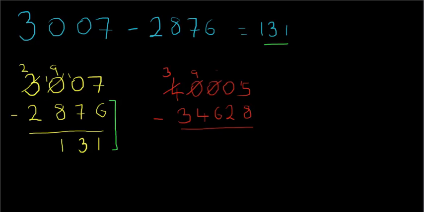The zeros in the way become 9s. And this last step now is very straightforward. 15 take 8 is 7, 9 take 2 is 7, 9 take 6 is 3, whoops, my maths is a bit dodgy there, 9 take 4 is 5, and 3 take 3, well that just is not required.